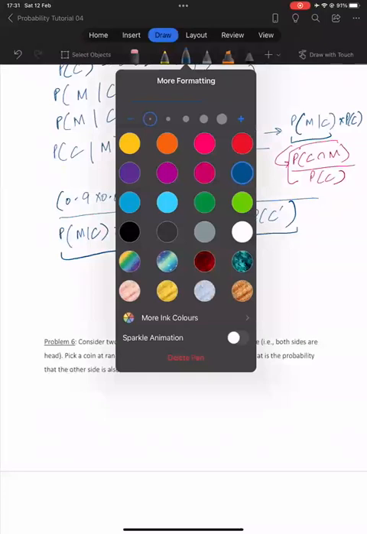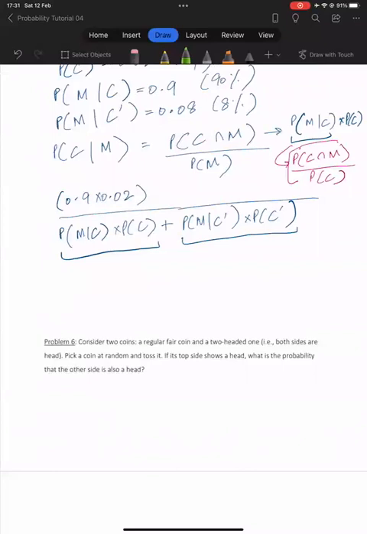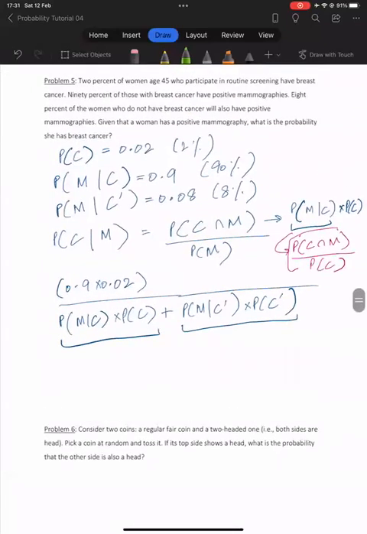So for that, since we know कि कैंसर की है 0.02 which is 2%, the probability of not having breast cancer is 98%, which is 0.98. So this becomes 0.9 into 0.02 and ये हमें दिया हुआ है 0.08 into 0.98.